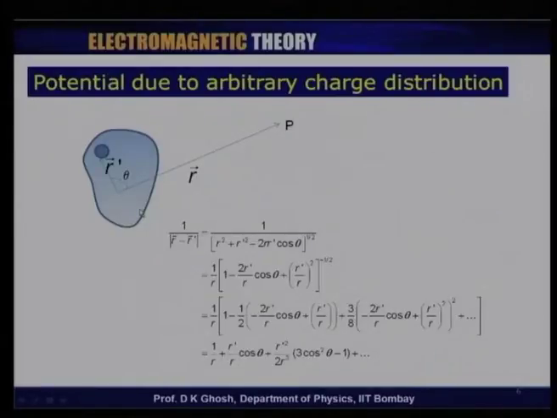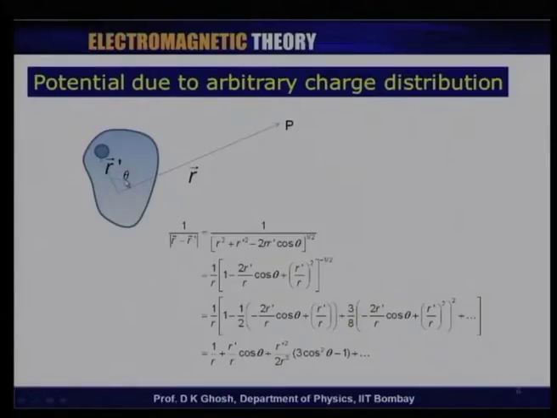Now, notice with respect to an arbitrary origin chosen here, the position of the charge distribution is r prime, and we are interested in finding out the potential at a point P, which is at a vector distance r from the origin, and we take the angle between r and r prime to be equal to theta.